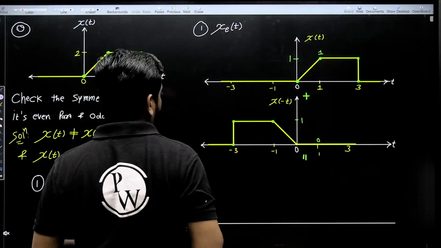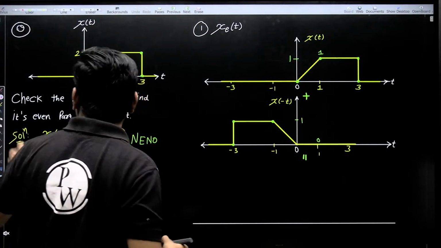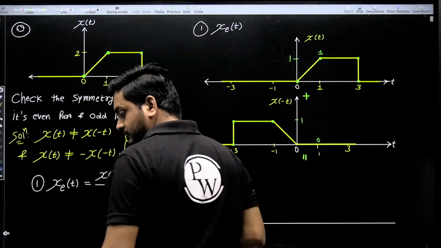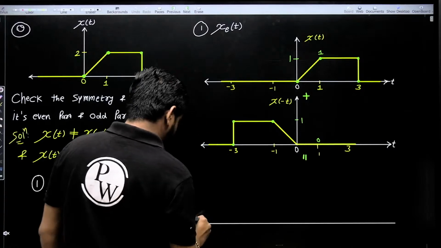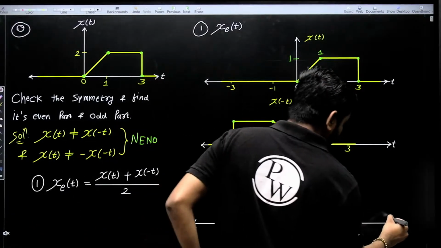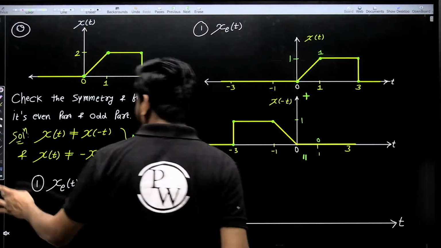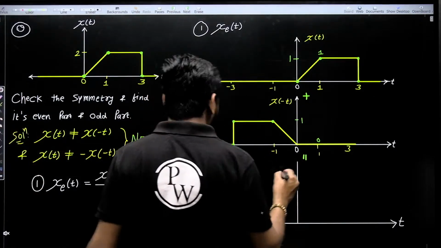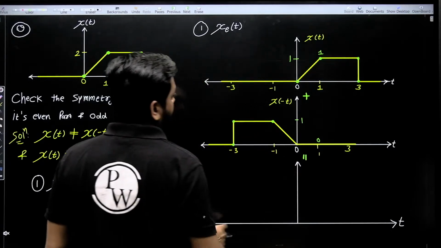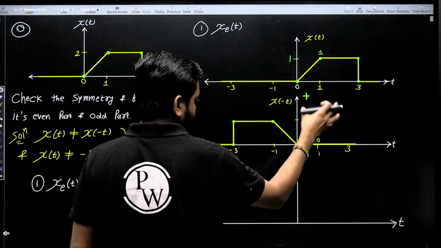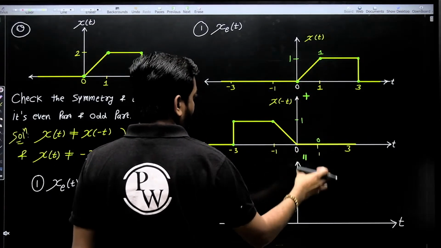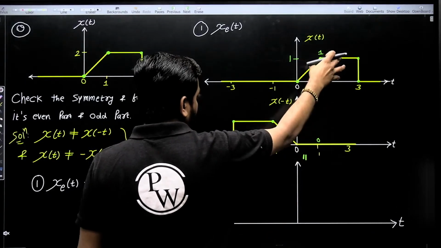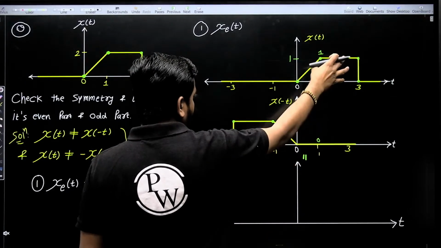Amplitude addition here. Signal addition and amplitude is divided by 2. So this portion plus this, and divided by 2. So here this is 0, guys, and this amplitude is 1.